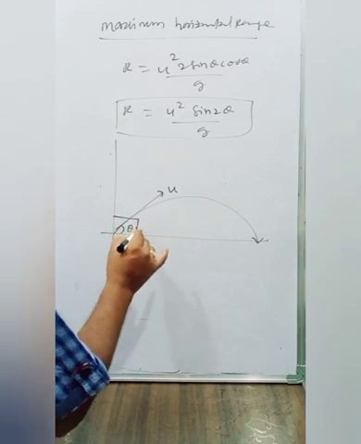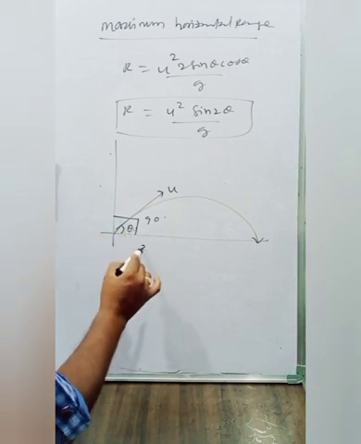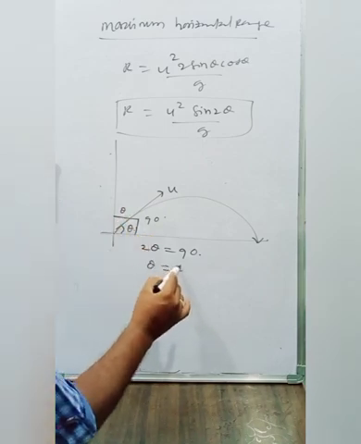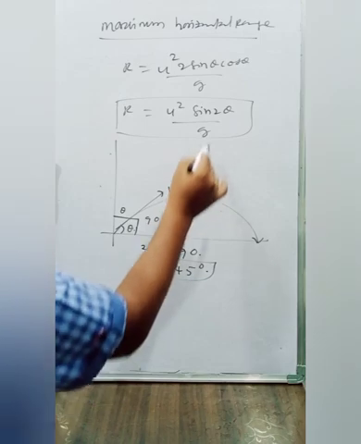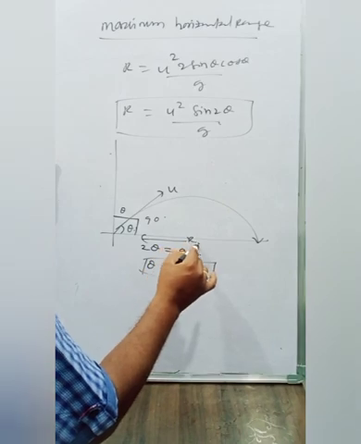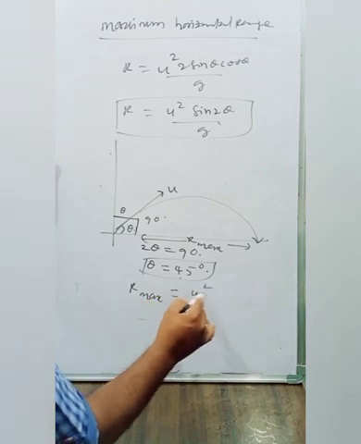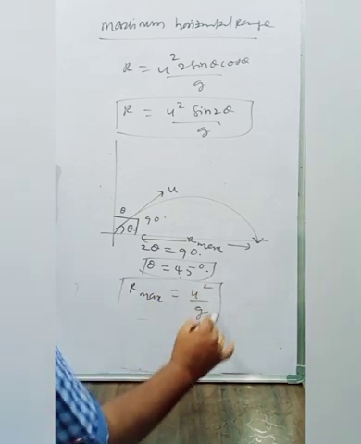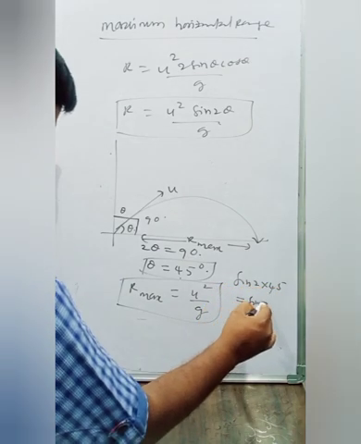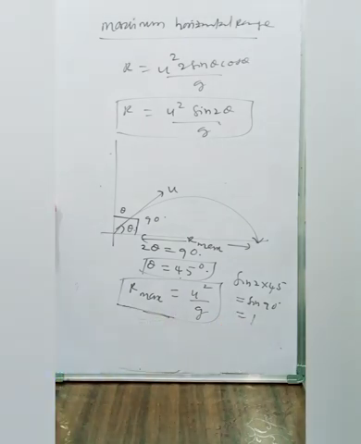If this is 90 degrees, then 2 theta is equal to 90 degrees, so theta is equal to 45 degrees. Whenever we substitute theta as 45 degrees, the range is maximum. So R maximum is equal to u square by g, since sin 2 into 45 is sin 90 degrees, which is equal to 1. Therefore the maximum range of the projectile is u square by g.